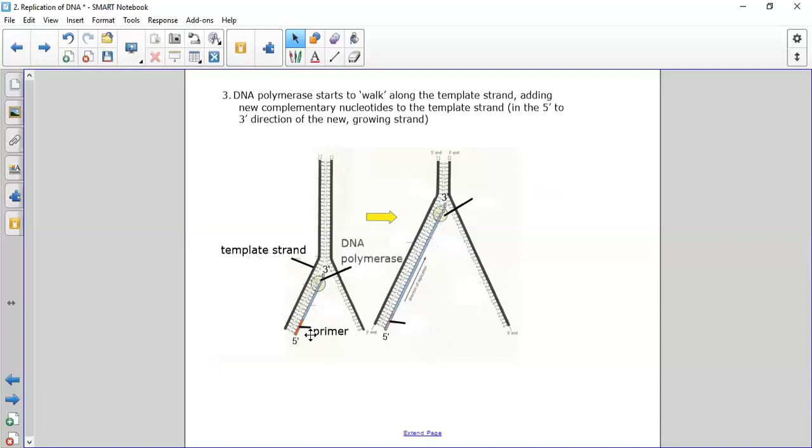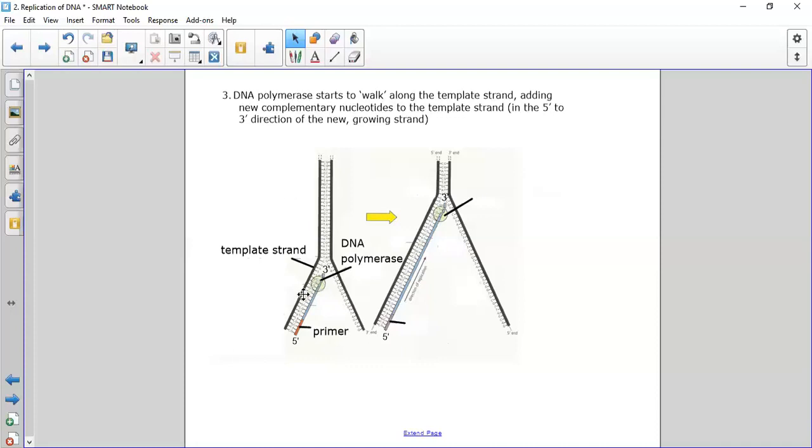So remember, the first thing to happen was the primer joined on at the 3' end of our template strand. The DNA polymerase then starts to walk along, moving along here and adding complementary nucleotides as it goes.